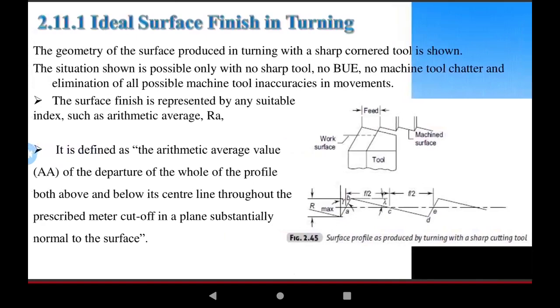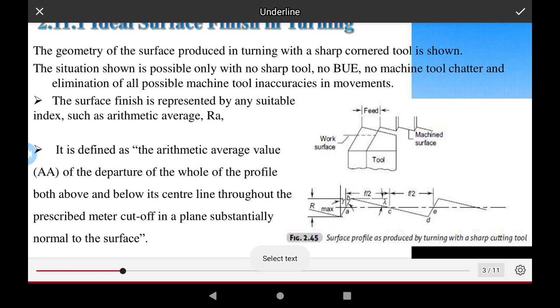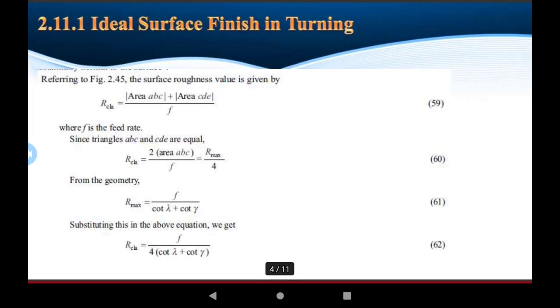Alpha is the angle for distance A to B, and the angle at ABC is alpha. The second angle is at C. Both angles are the same. Substituting the value, R max equals f upon 4 times (cot alpha plus cot gamma).